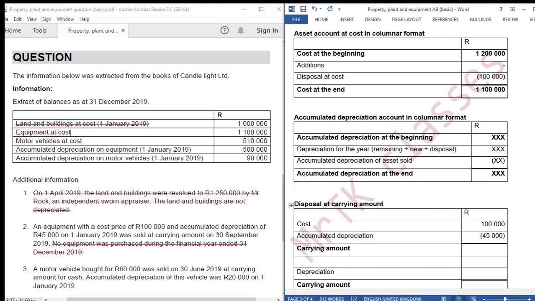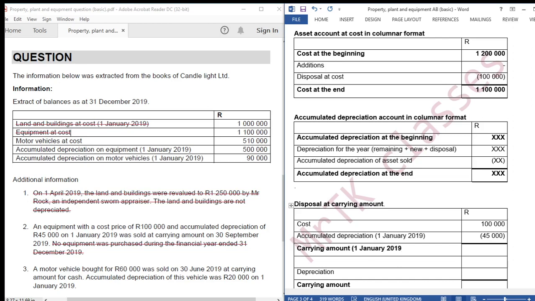This accumulated depreciation is as at 1 January 2019, which means our carrying amount will also have the same date.